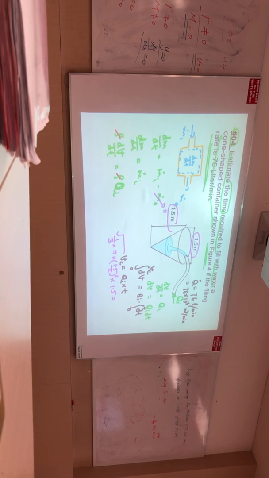What is Q? 76 times 10 power minus 3 times t. Now you can easily calculate the value of t, which is equivalent to 11.6 minutes. Understand?